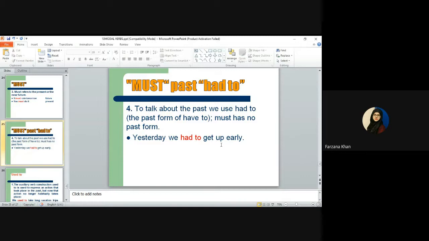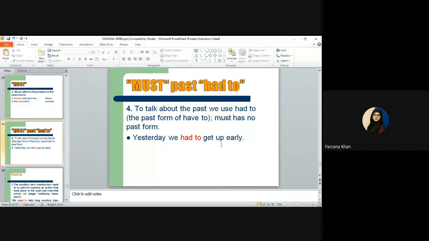While talking to elders, you cannot say you have to. It will sound informal and awkward when you are talking to your father, your teacher, or your boss and you say you have to do this. It can sound improper, all right?